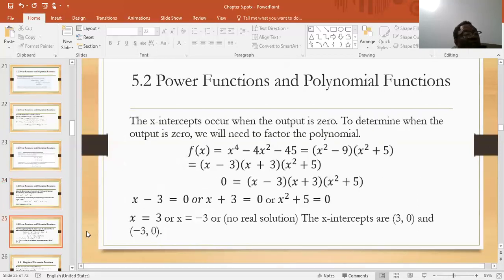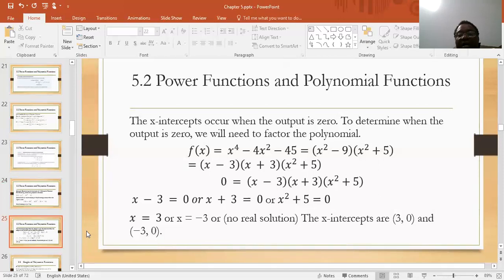To find the x-intercepts, we need to solve the polynomial equation. Here, we can think about this as a quadratic equation where the variable is x squared. Factoring this gives us f of x equals (x squared minus 9) times (x squared plus 5).